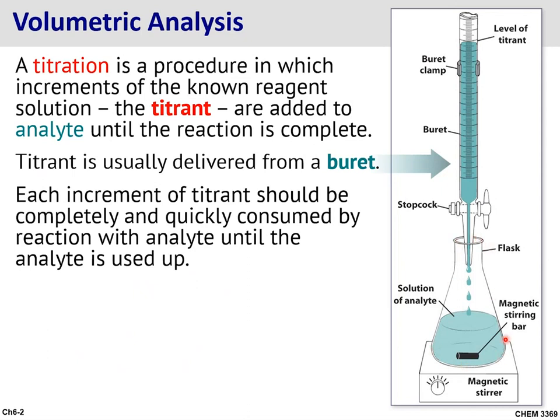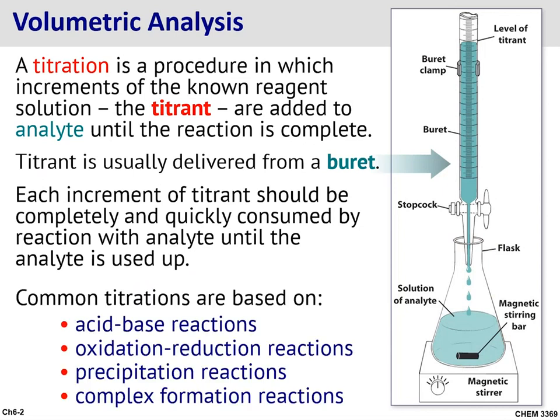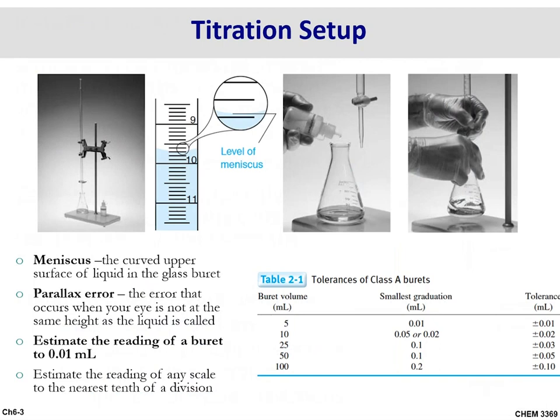The solution of analyte is usually kept in an Erlenmeyer flask. The typical setup for carrying out these titrations is shown here in this picture on the left. The apparatus consists of a burette that holds the titrant, and a burette stand that keeps the burette in an upright position.